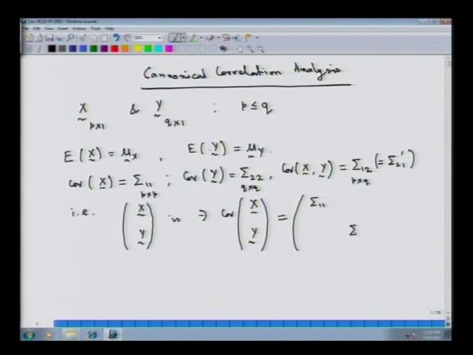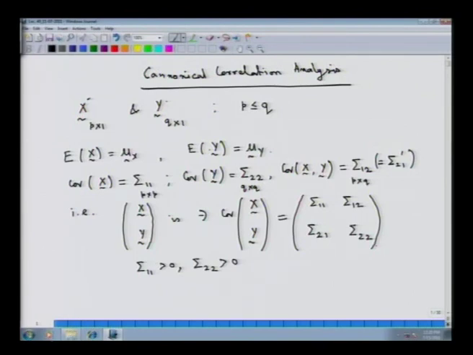So, this sigma 1 1 here, sigma 2 2 here, sigma 1 2 and sigma 2 1. Now, we assume that this sigma 1 1 is greater than 0, and so is sigma 2 2. So, we will have the two variance covariance matrices of the respective random vectors x and y to be positive definite.